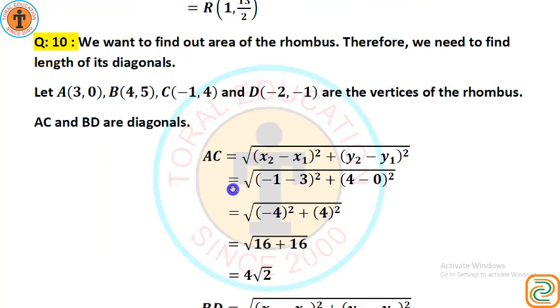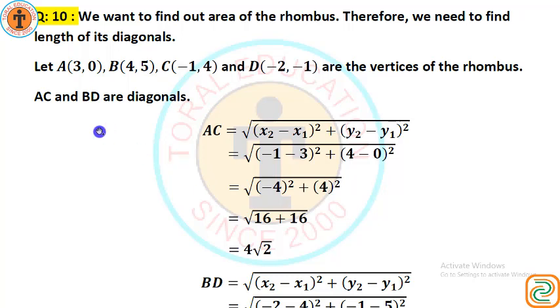Question number 10 and the last of the exercise. Find the area of the rhombus if its vertices are (3, 0), (4, 5), (minus 1, 4) and (minus 2, minus 1), taken in order. Area of rhombus.